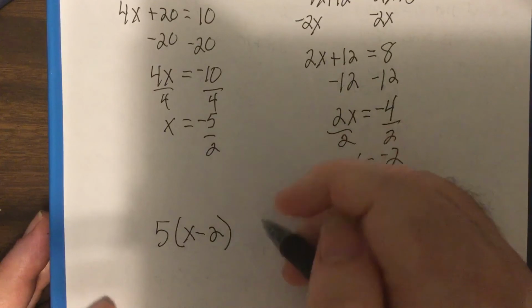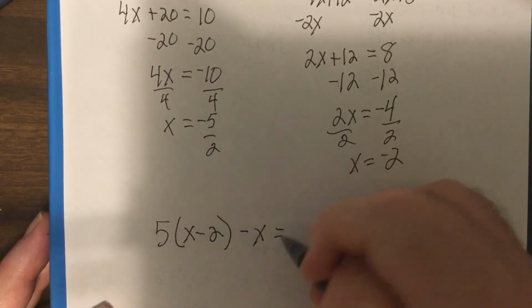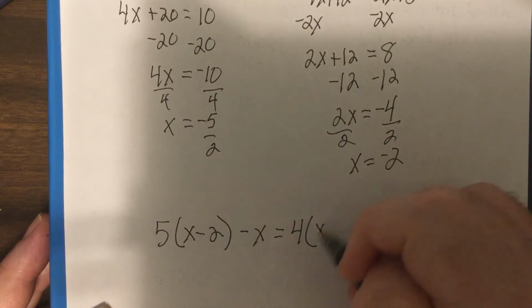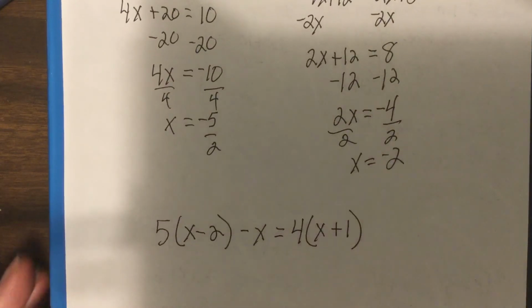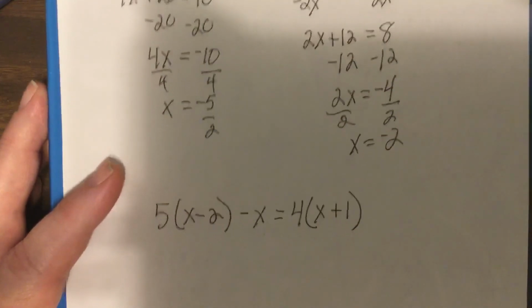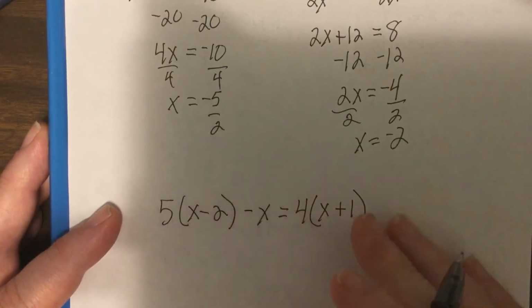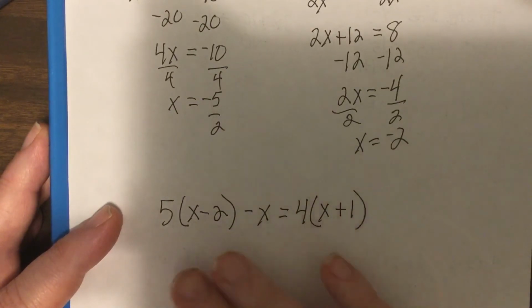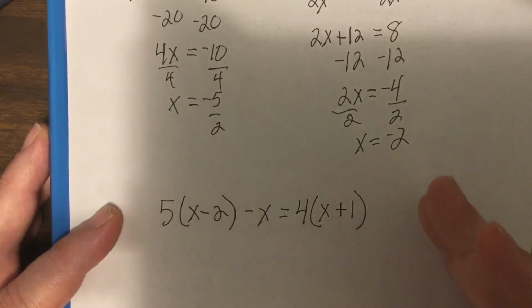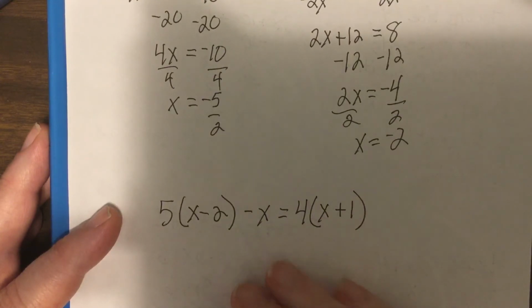Let's have 5x minus 2 minus x equals 4x plus 1. Okay. Now, sometimes when you're solving, they set up the equation to either nothing works or everything works.